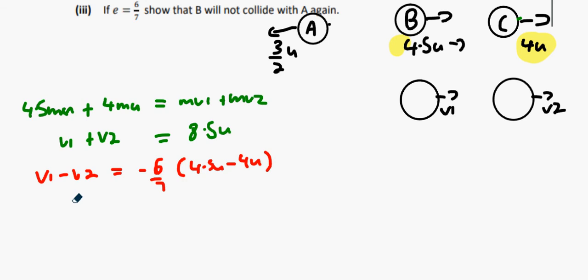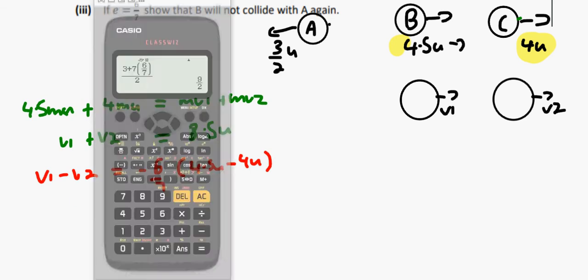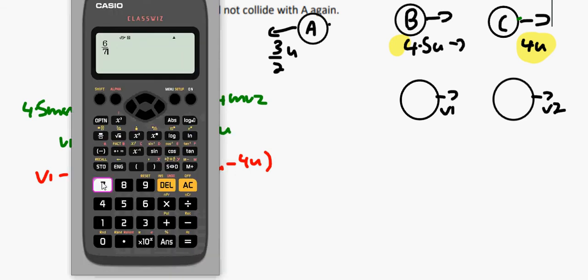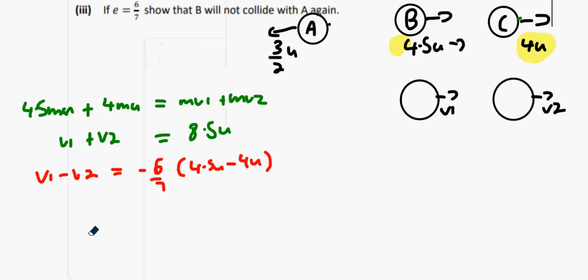So 6 over 7 times a half is 3 over 7. So V1 minus V2 is minus 3 over 7. Okay, you have both equations.